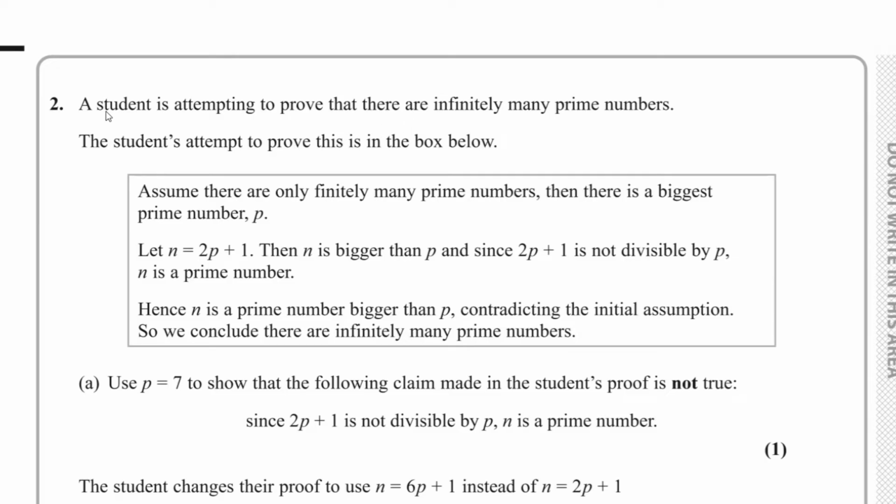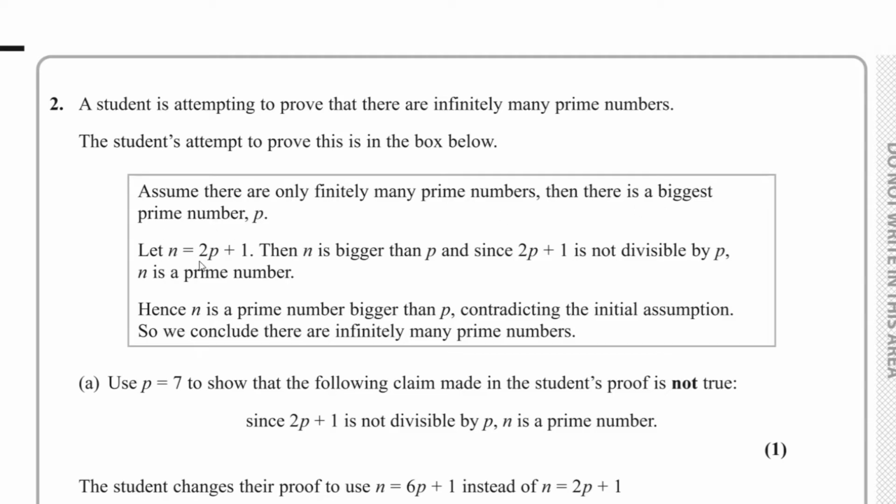Question number 2. A student is attempting to prove that there are infinitely many prime numbers. The student's attempt to prove this is in the box below. Assume there are only finitely many prime numbers, then there is a biggest prime number, p.